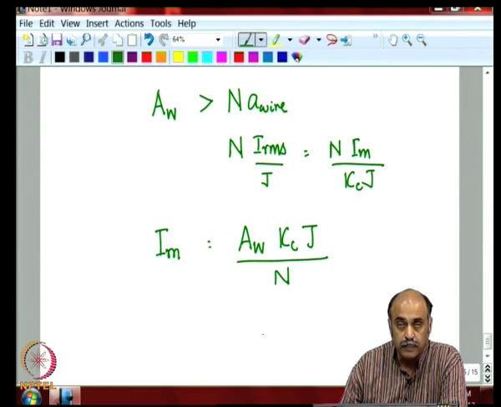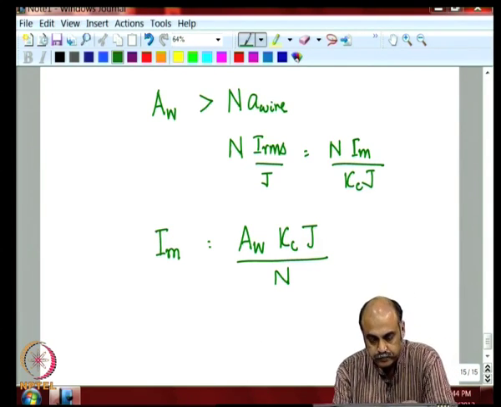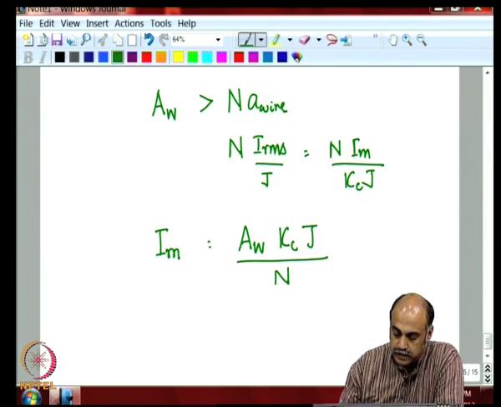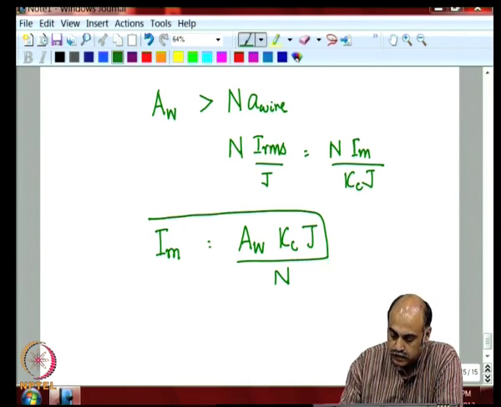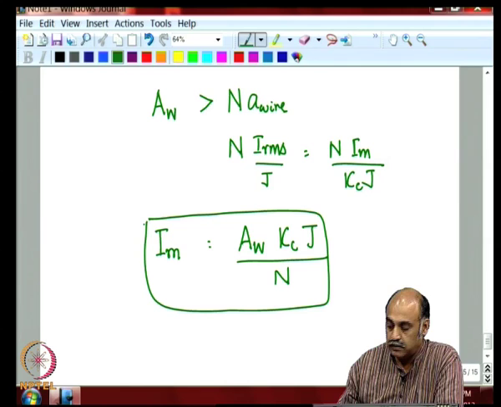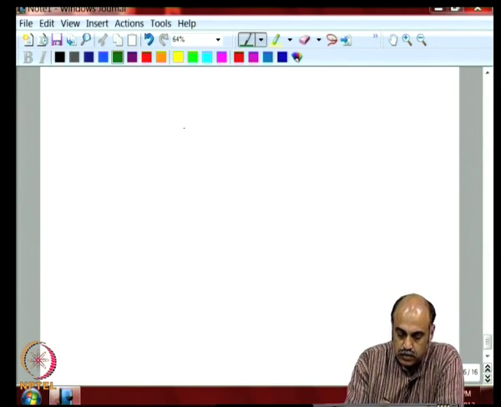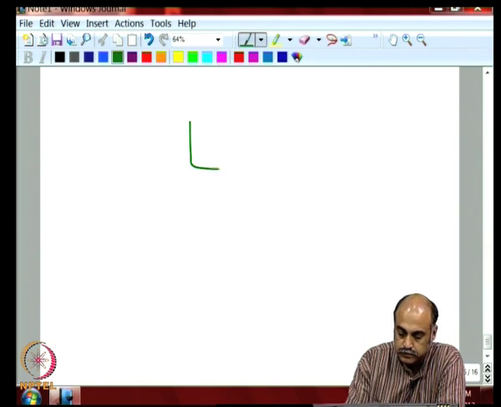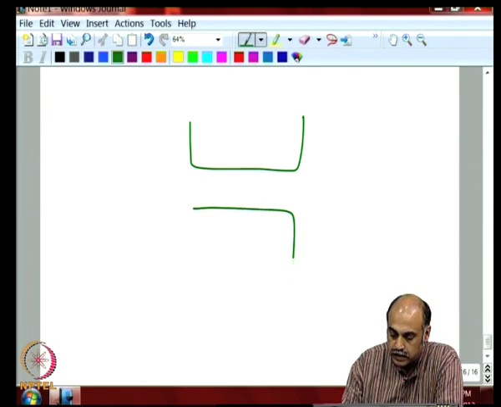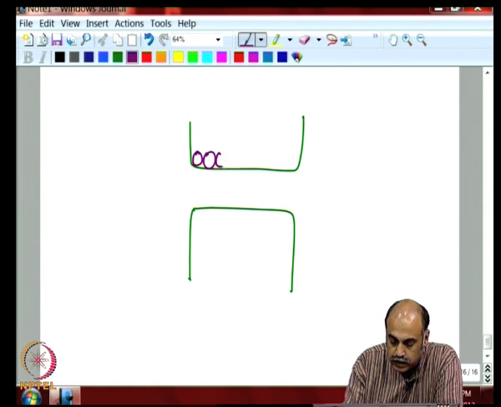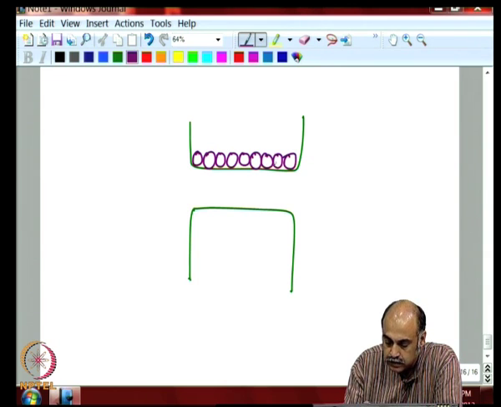Now, here there is one more term that we need to add. Keep this in the back of the mind. One more practical term. You saw that when you take the wire in the bobbin and start winding, you have the wire cross sections which appear like this.